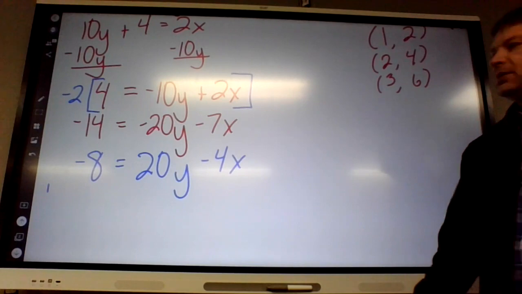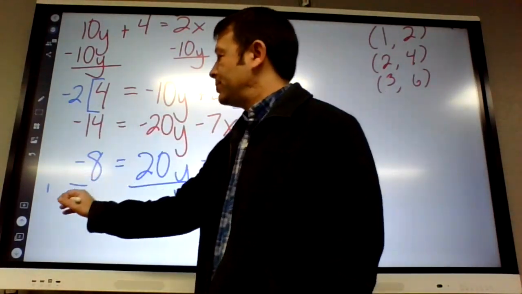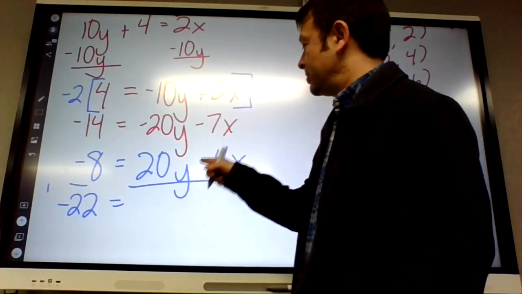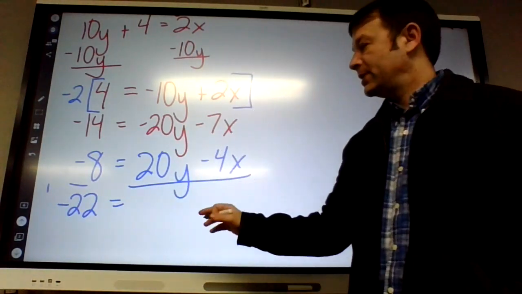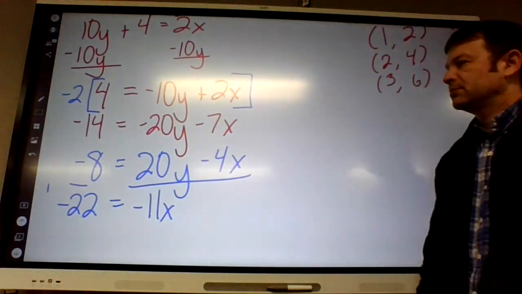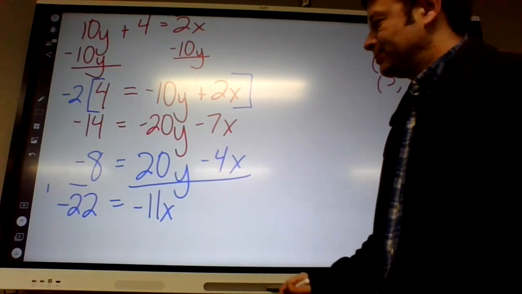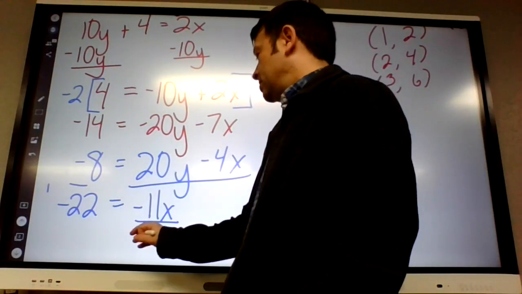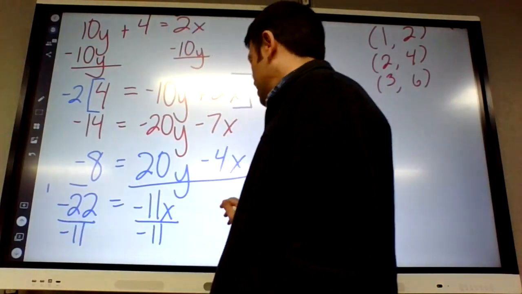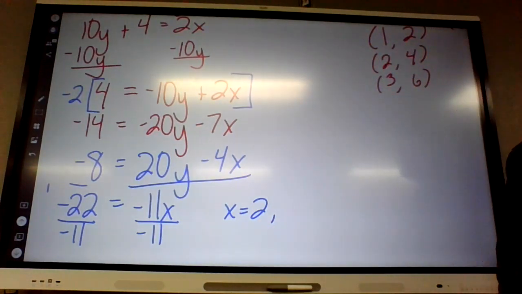Okay. Then I'm going to add the lines together. So I get negative 22 equals, y's are gone, negative 11x. So x is 2.